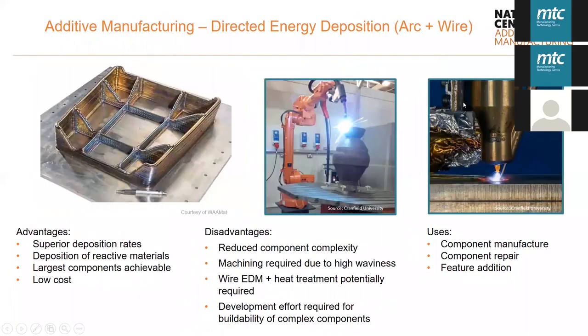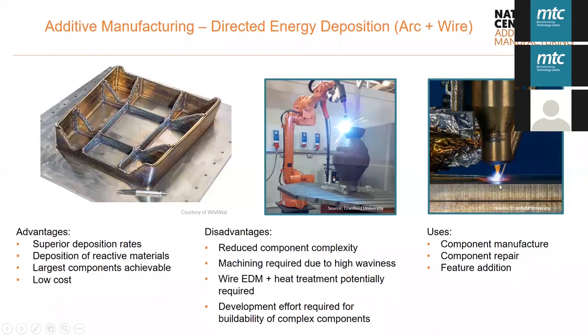Arc wire is another widely used combination of heat source and feedstock. Within this technology, usually driven by a robot or a gantry, you find a lot superior deposition rates of components. Again, the wire itself is the feedstock that you're depositing, it's a lot greater than the blown powder feedstock, so you're building components a lot quicker. You can also deposit, in some cases, reactive materials, and again, this is purely because it's in wire form.